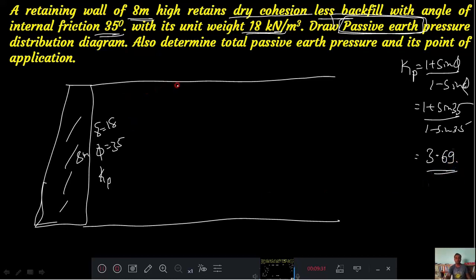Okay, now I will consider 2 points, A point and B point. Now I will calculate sigma h at A is equal to K into sigma V at A, that is K into gamma into H. In this case Kp into gamma into h, h is 0 here, therefore answer is 0.